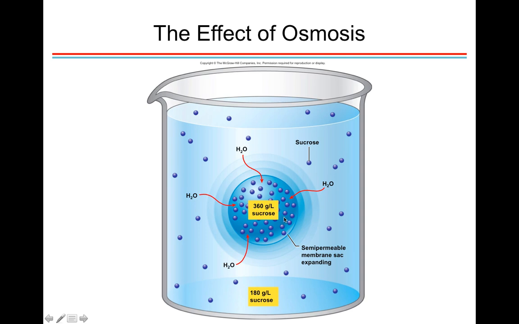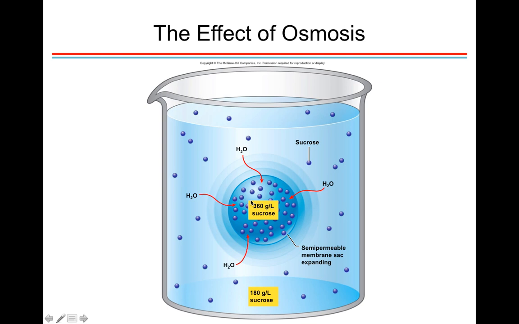Because there's more solute inside the balloon than inside the beaker. The sucrose solution in the beaker is hypotonic compared to the balloon, meaning there's less solute concentration inside the beaker sucrose solution than inside the balloon sucrose solution.